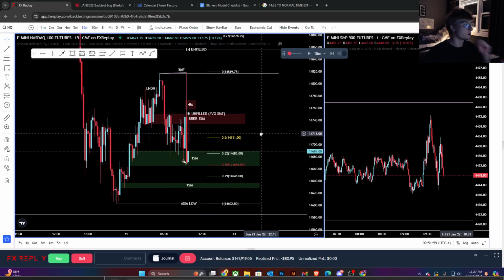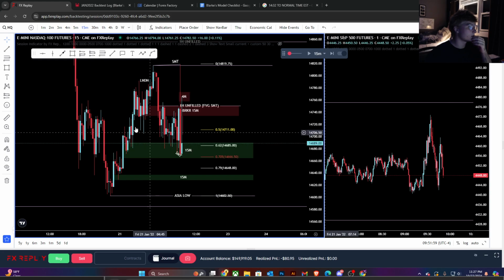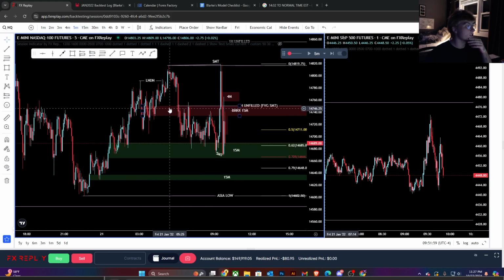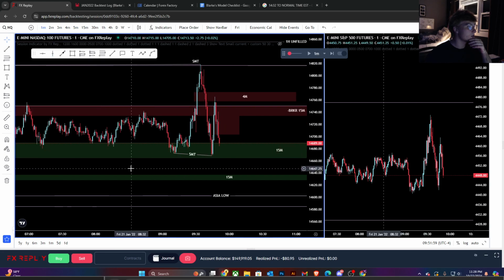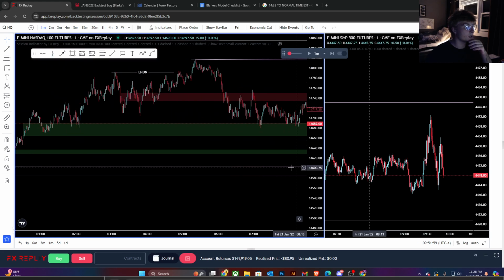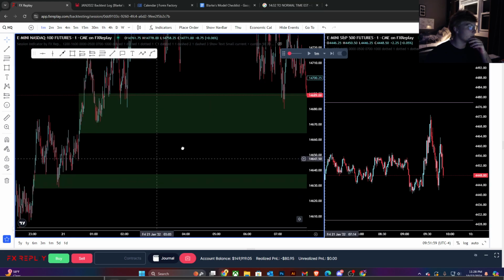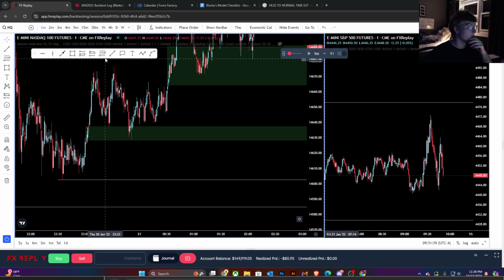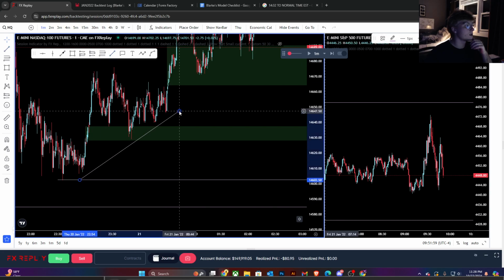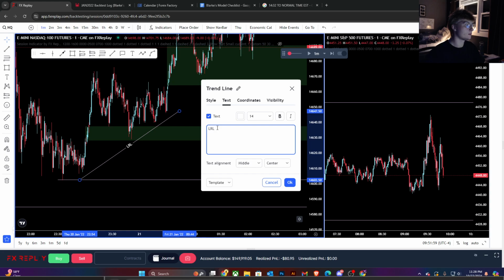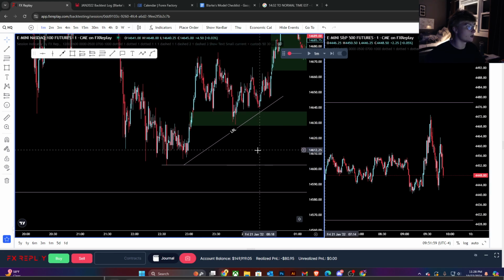We are in discount though in this 15. A little bit sketched out by this. If we have equal lows though, I'm gonna probably try it, but we do have like SMT as well. Alright, we do have this low resistance liquidity as well, which makes me like this setup a lot more.